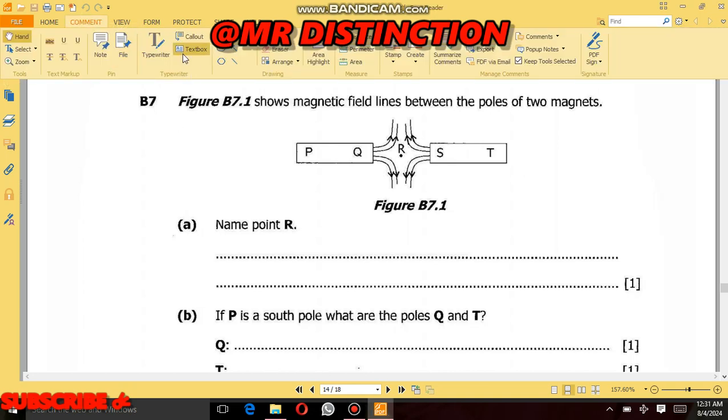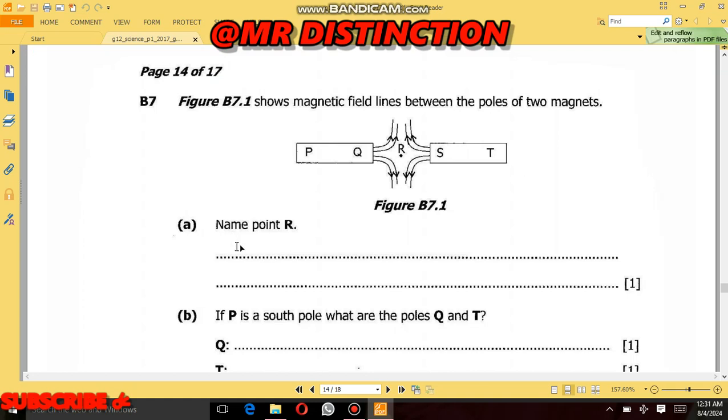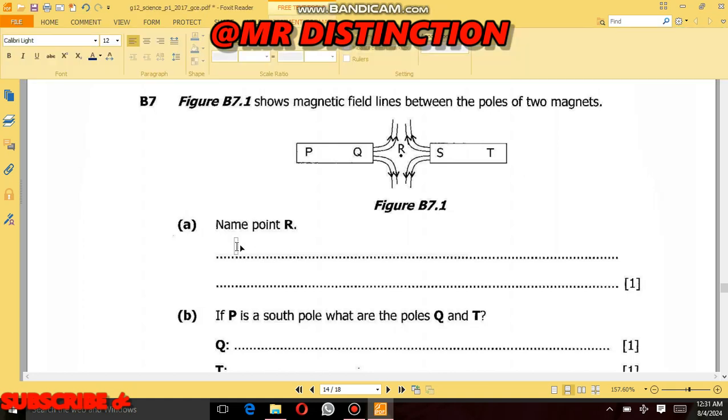So the answer for this question is a neutral point. That was the first answer.